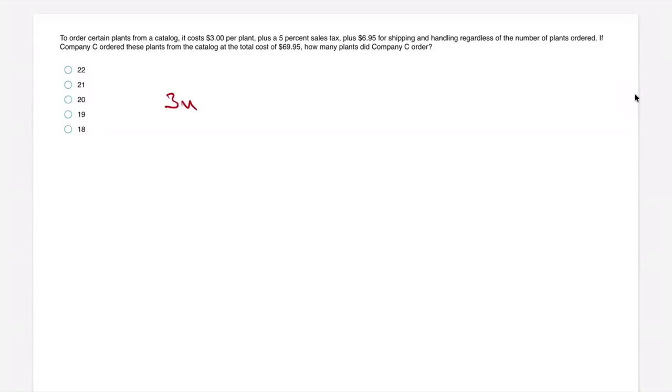Plus 5% taxes, plus $6.95 for shipping and handling regardless of the number of plants ordered. The total that he will spend is $69.95 with everything included. Do you guys agree?